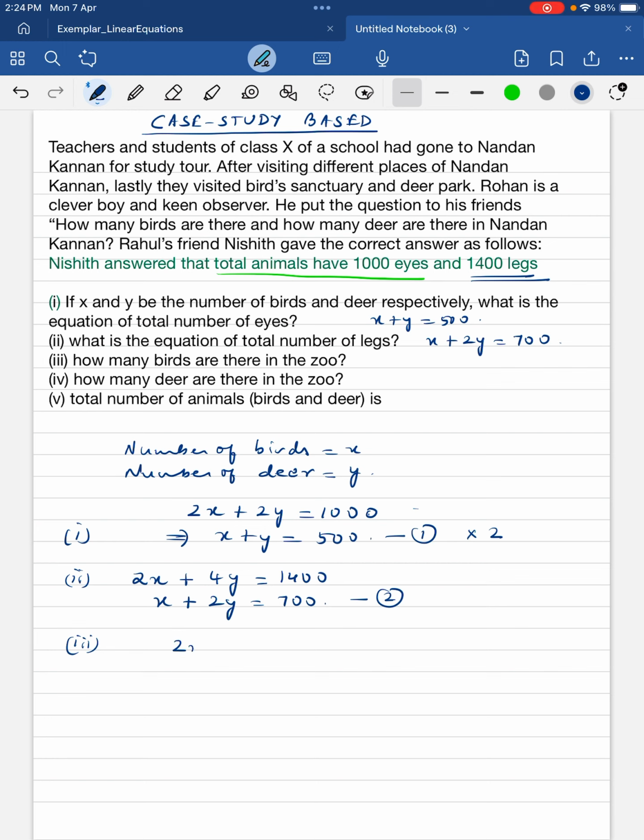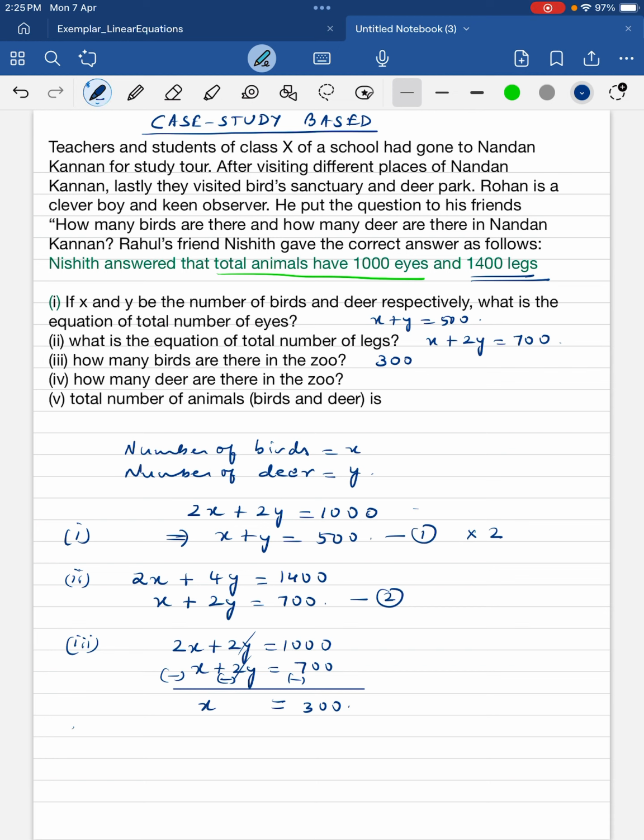So I would have 2x plus 2y equal to 1000 and x plus 2y equal to 700. If I subtract both the equations, it would give me x as equal to 300. So the number of birds in the zoo is 300.